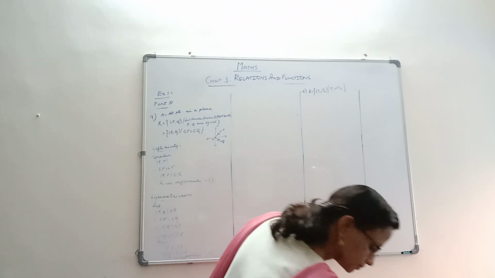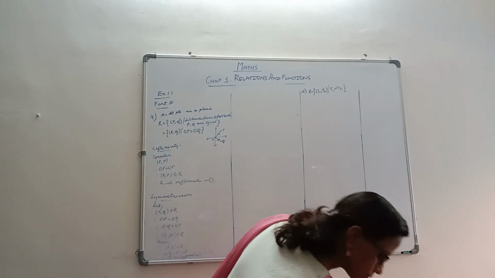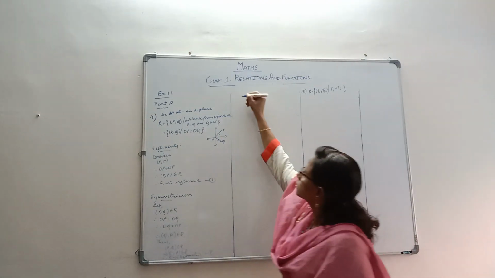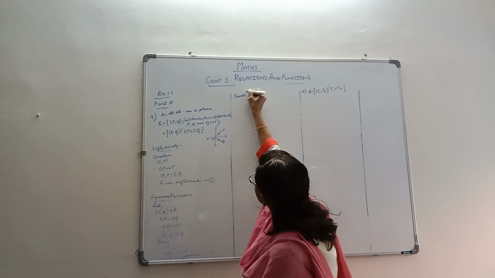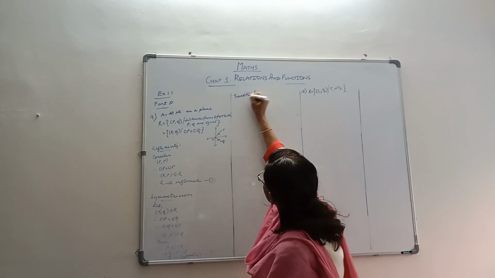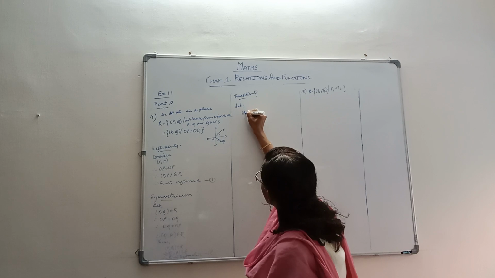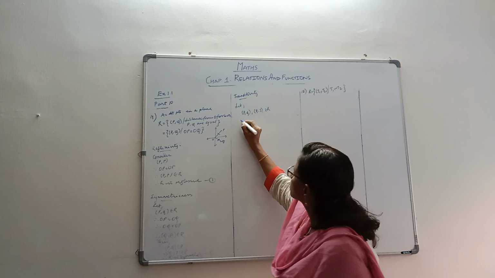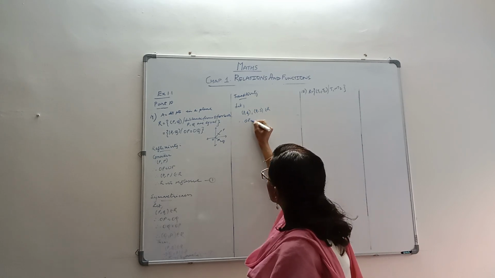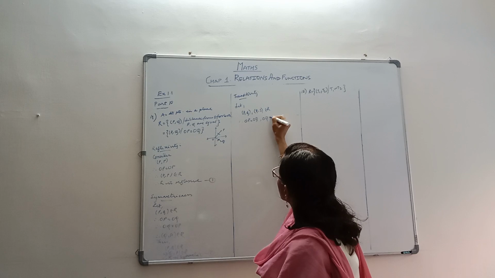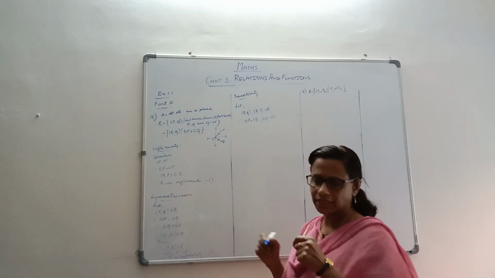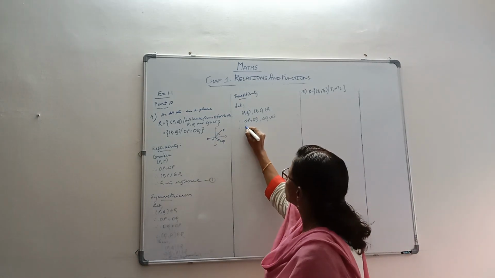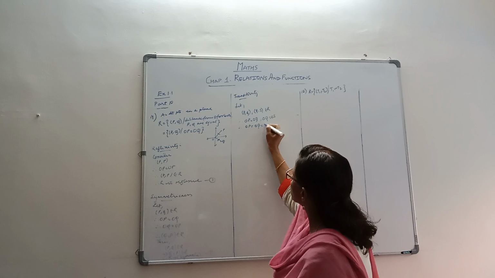Now let's check transitivity. Let P comma Q and Q comma S belong to R. What is the meaning? That OP equal to OQ and OQ equal to OS. Now you can have it connected together. OP equal to OQ, OQ equal to OS, so it means that OP equal to OQ equal to OS.